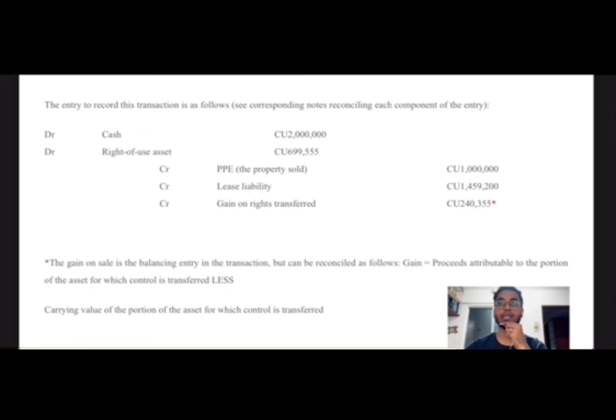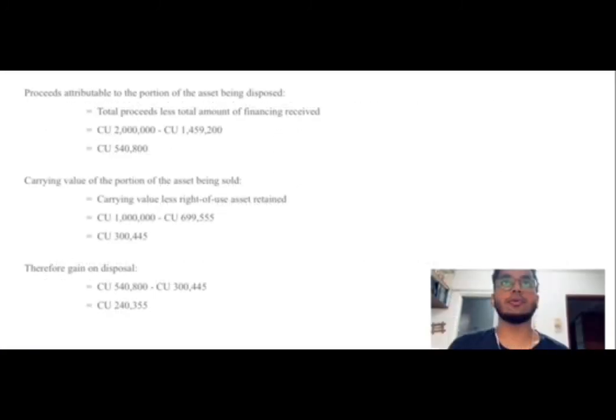Gain equals proceeds attributable to the portion of the asset for which control is transferred, less the carrying value of the portion of the asset being disposed. How do we find them?